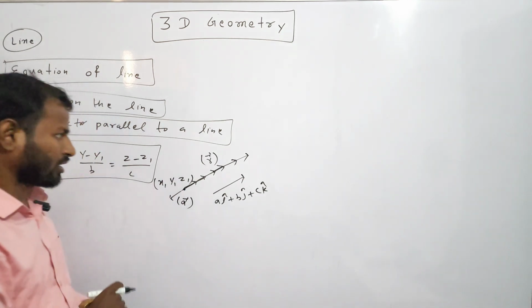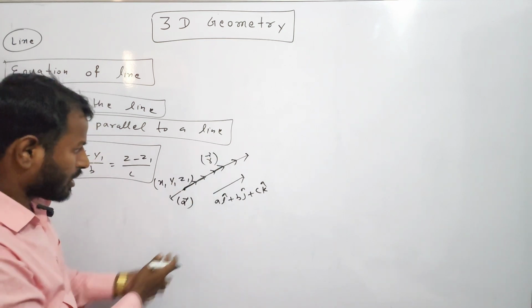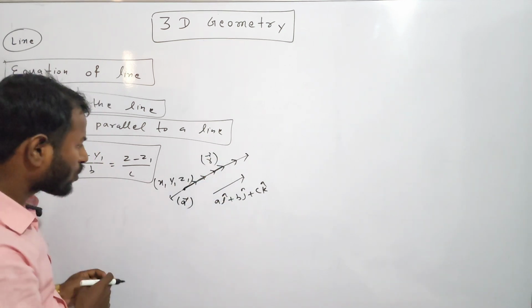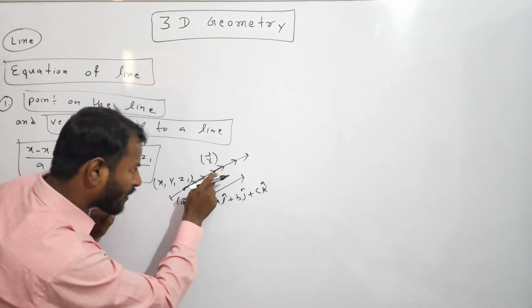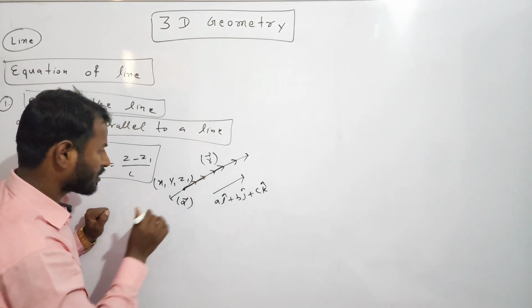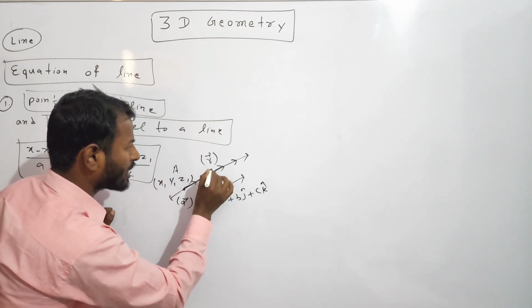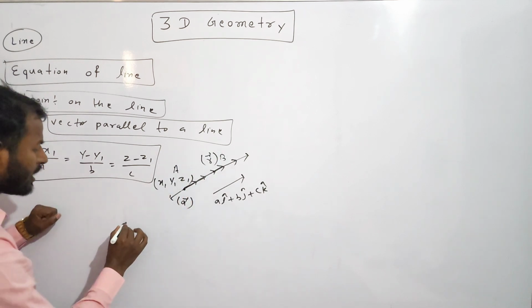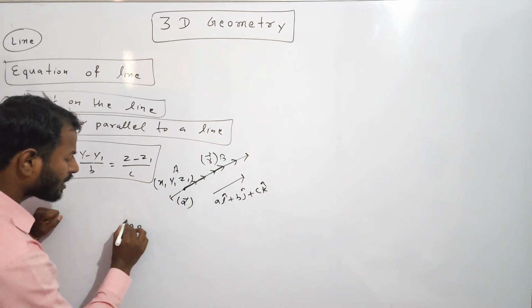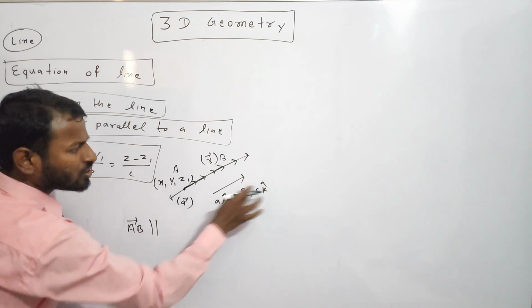This is given, this is assumed by me, and this is the parallel vector. You can assume this point is point A and this point as point B. So clearly we can say vector AB, which is vector r minus vector A, is parallel to this vector.